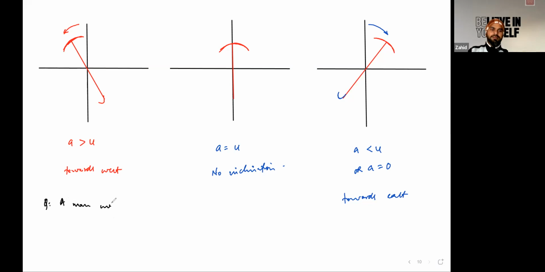A man with an umbrella is going towards east at 12 meters per second.